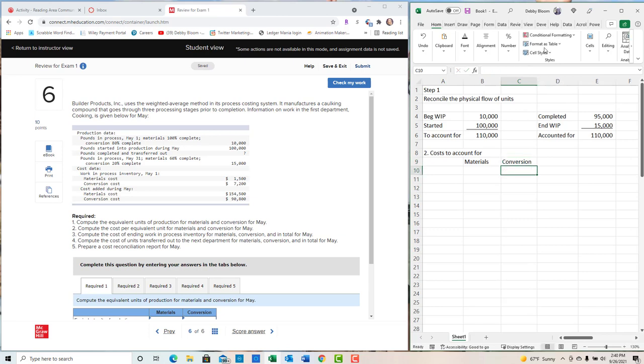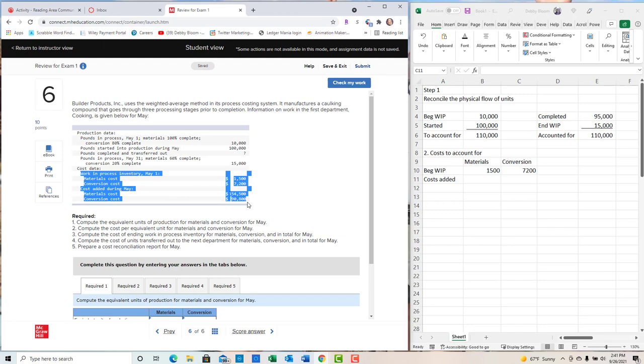We take the costs in beginning work in process, and then the costs added. All of those numbers are given. Our materials cost in beginning work in process is 1,500. Our conversion cost in beginning work in process is 7,200. I'm just taking the numbers from our cost data.